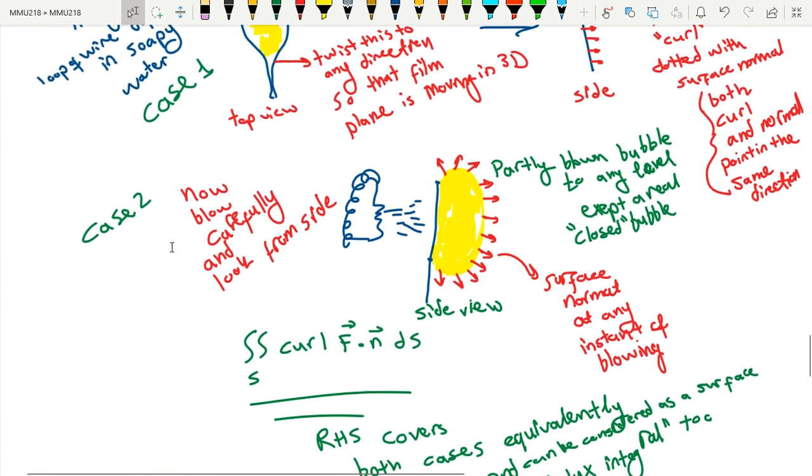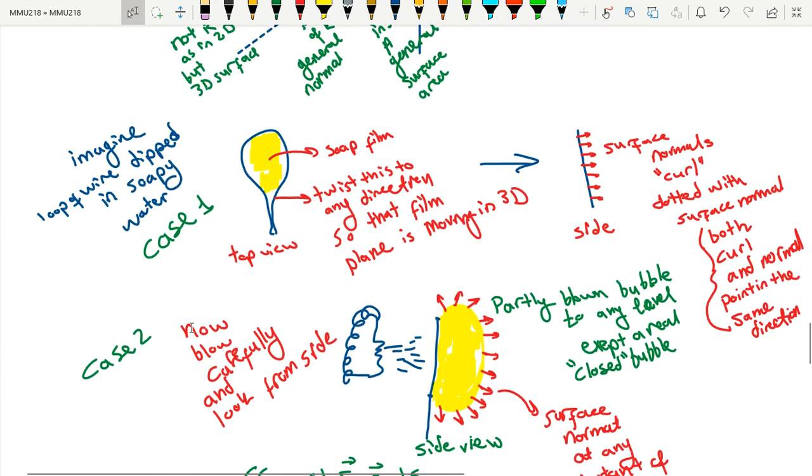And in case 2, it's a very similar thing, but I'm now blowing from one side of this wire that has a soap film on it, and blowing it up a little bit.